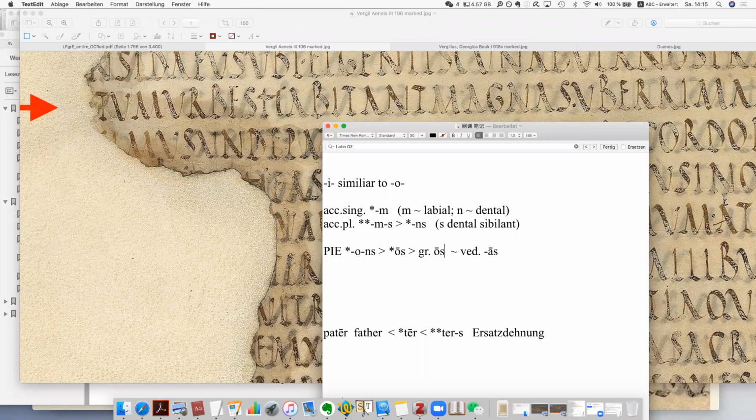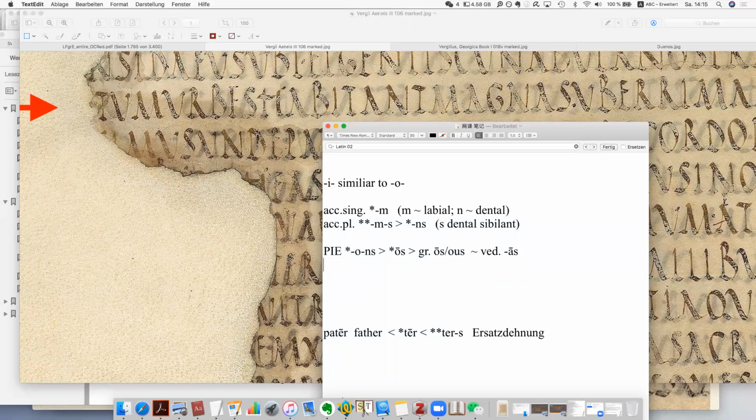And also in Greek, you find the form called us, because u is another way to represent a long o in Attic Greek. We talked about it in last week's class: in Attic Greek, they use the double letters o and u to represent a long o.